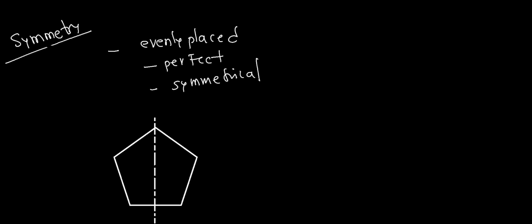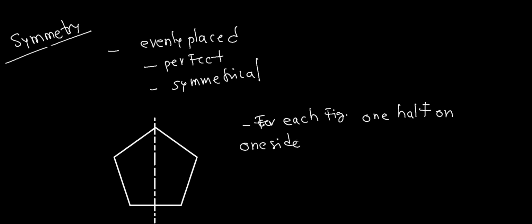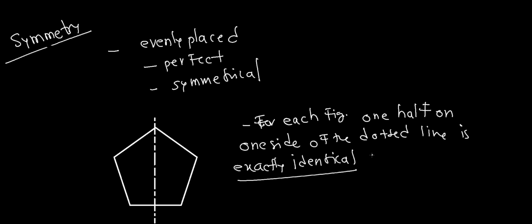As you can observe, for each figure, one half on one side of the dotted line is exactly identical to the other half, to one half on the other side.